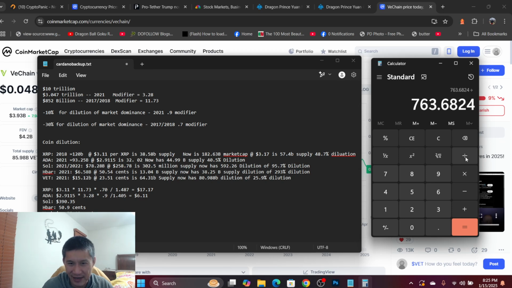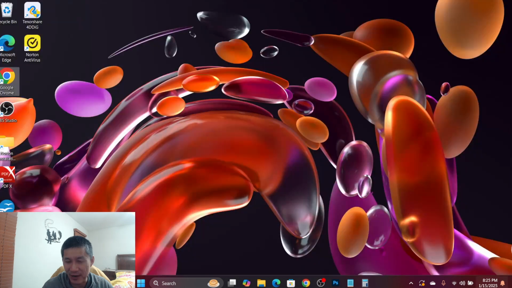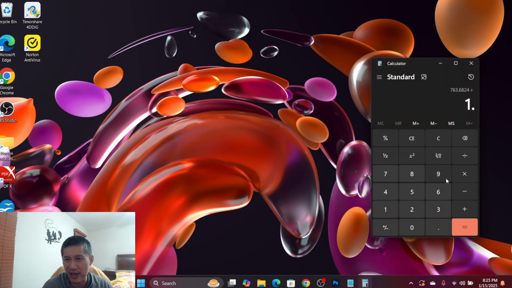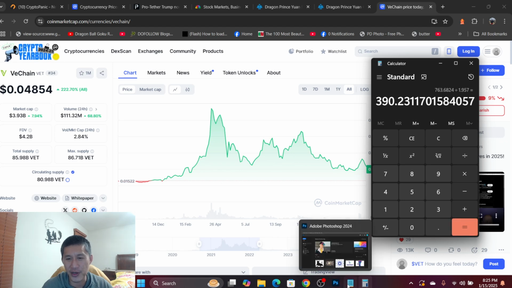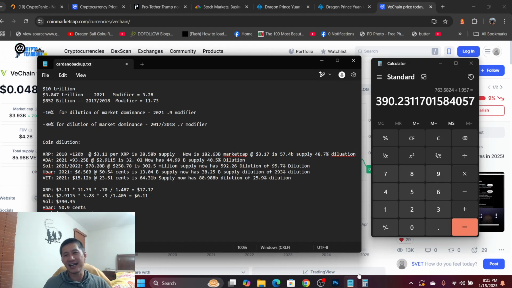And then you have to divide it by Solana's dilution, which is 1.957, because there is roughly 95.7% more Solana than there was back in 2021, and you get about $390. So yeah, not as glorious as people had hoped.